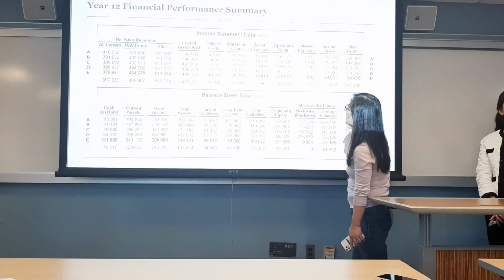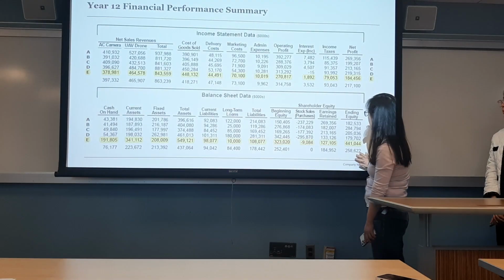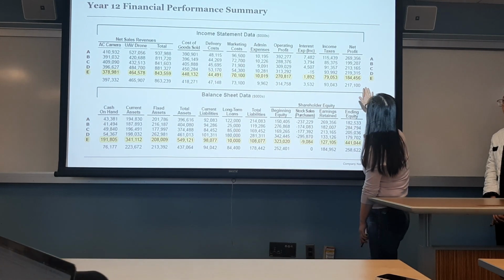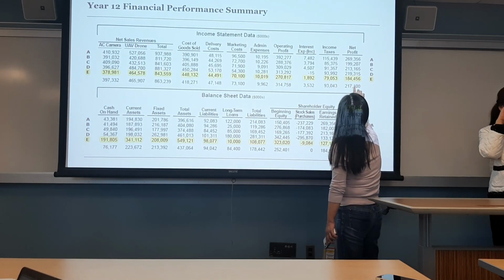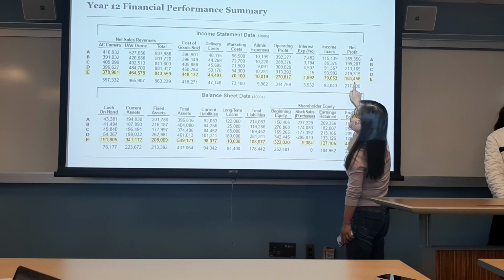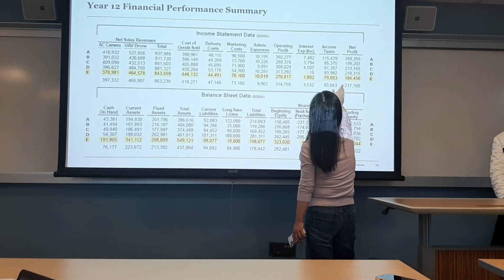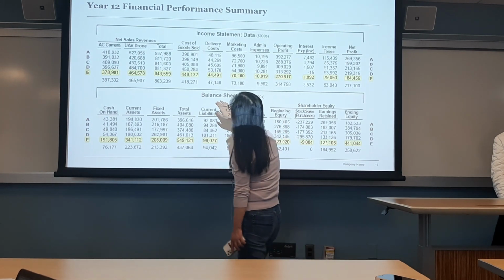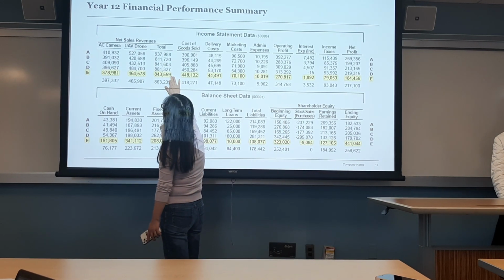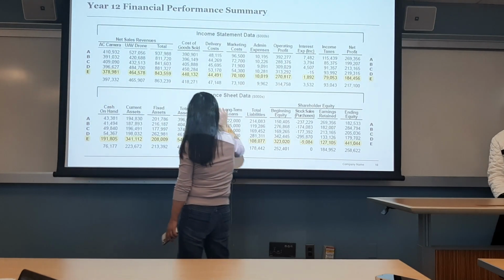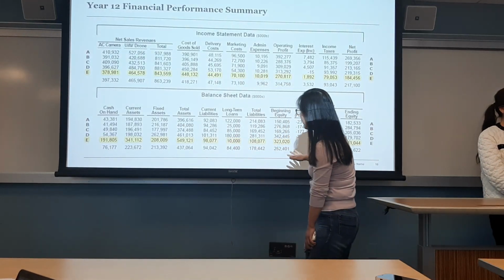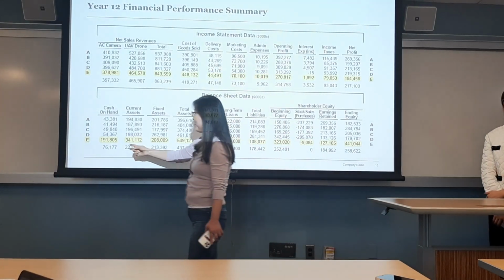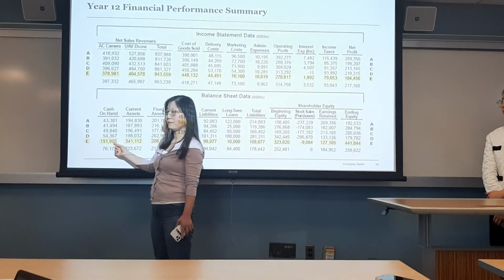Next. So here is the income statement and the balance sheet. For the net profit, we are the lowest. That's part of the reason, but our revenue isn't the lowest. Then we look at the balance sheet. We have the most cash on hand.